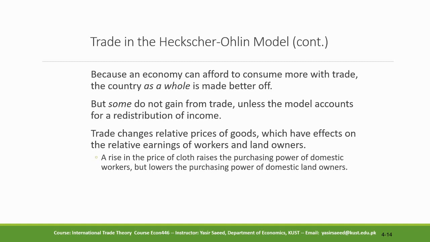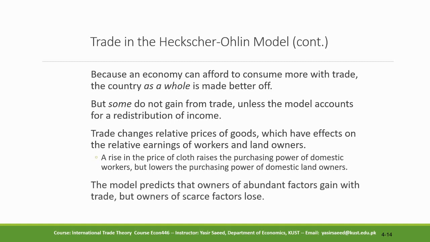Because when the price of cloth increases, the wage rate of labor increases, but the rent of the landowners will decrease. So the purchasing power of workers will increase, but the purchasing power of landowners will decrease. So this is the income distribution occurring due to trade. The model predicts that owners of abundant factors gain with trade, but owners of scarce factors lose.